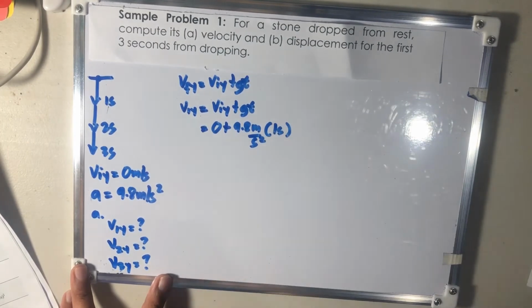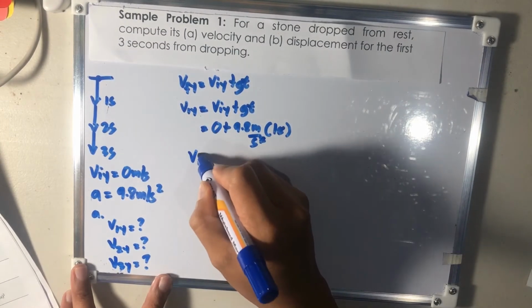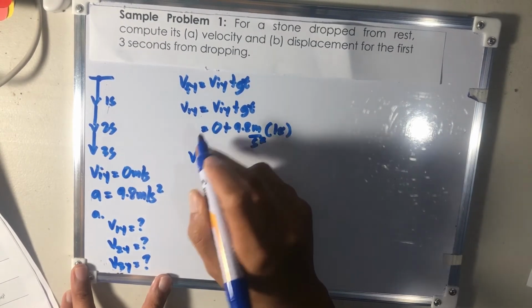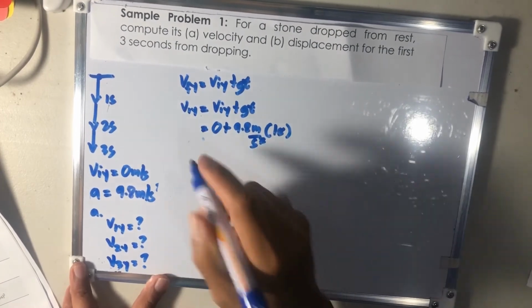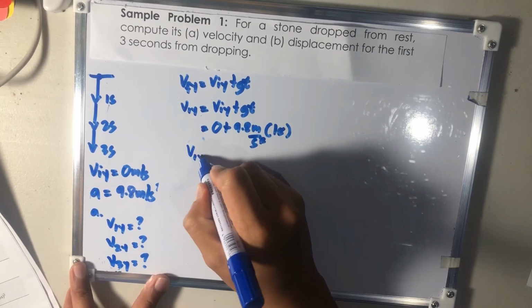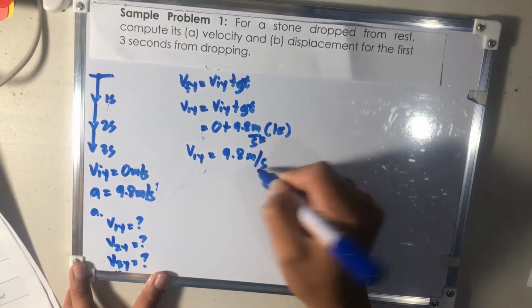The units cancel. So the velocity after 1 second is now 9.8 meter per second.